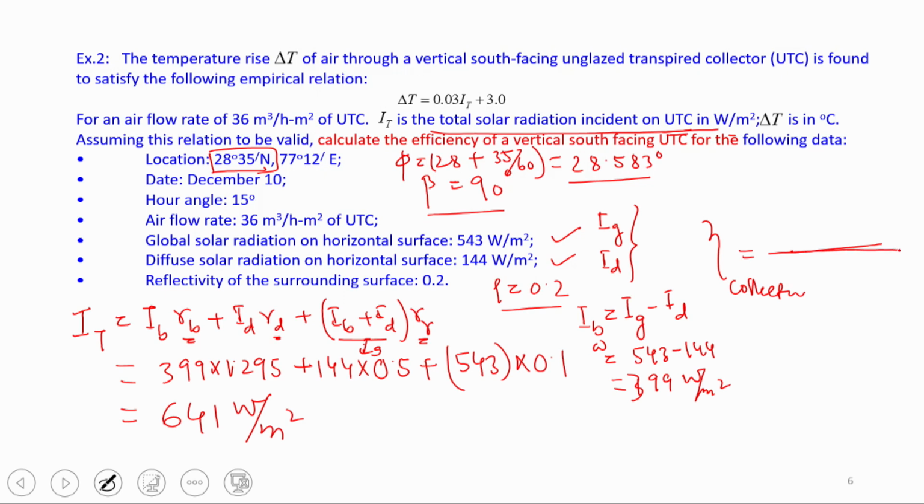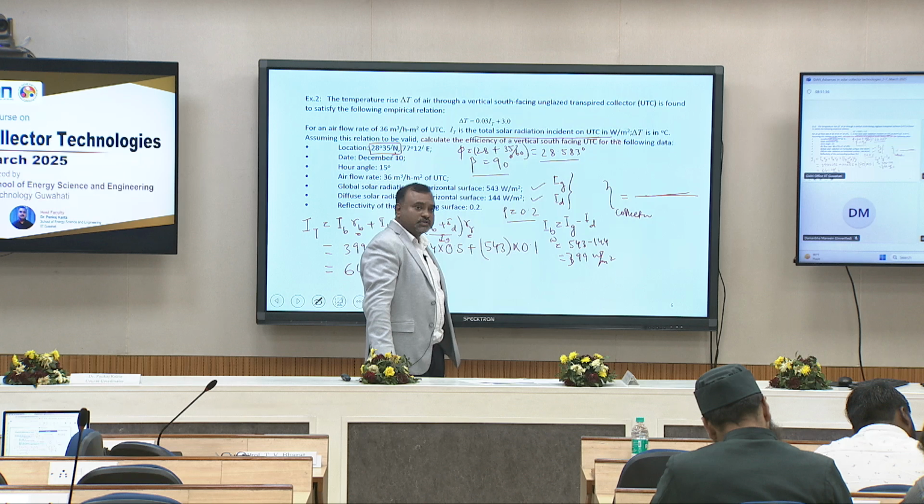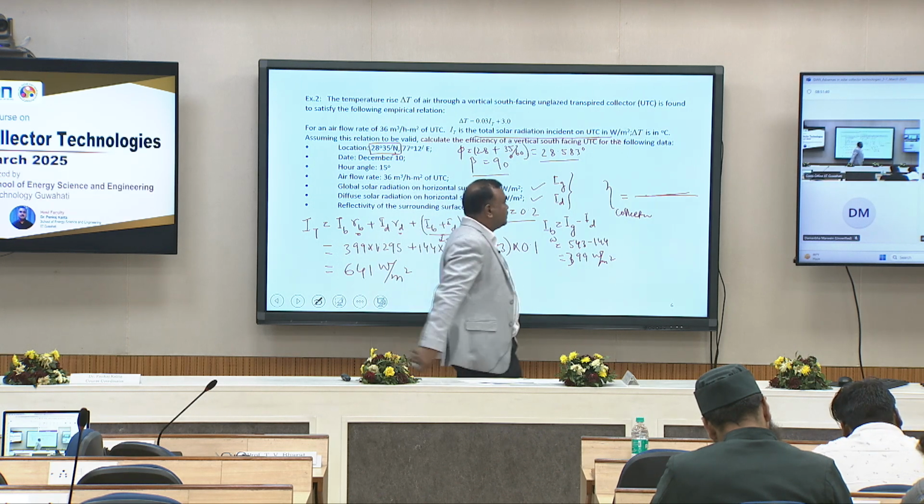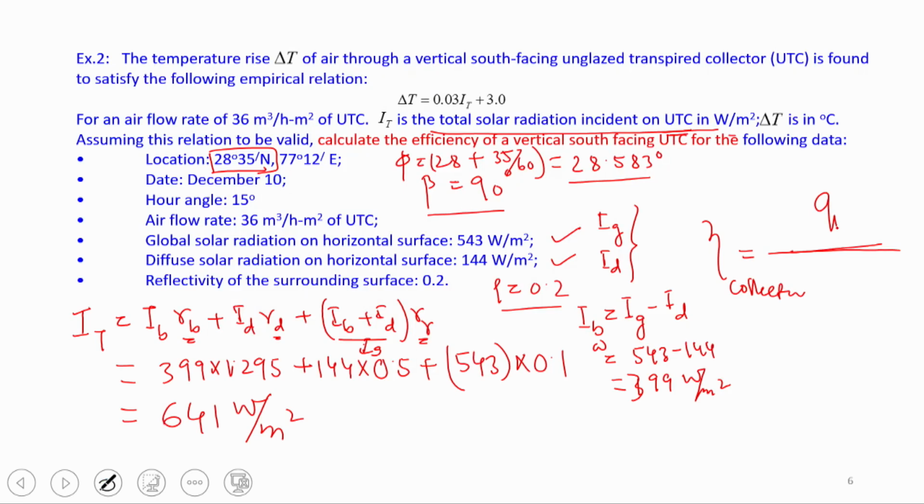So how are you calculating this efficiency? What values are given to you? Useful heat gain, QU. IT now, this total IT you need to use, and then we have A, the area of the UTC.